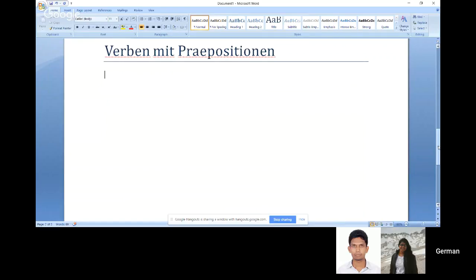For saying an expression, you can use that verb with the fixed preposition. We'll be listing a few verbs with their fixed prepositions. And over here, that does not mean that the verb with the preposition would mean the same as the preposition in itself. For example, let's go through. An is the first.